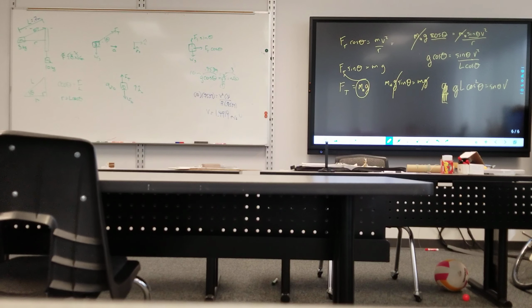All right, just to give a look, since I was just going to set up the problem, I know that v is equal to distance over time, so that's 2 pi r over t. R I know is L cosine theta, so that's 2 pi L cosine theta over t.